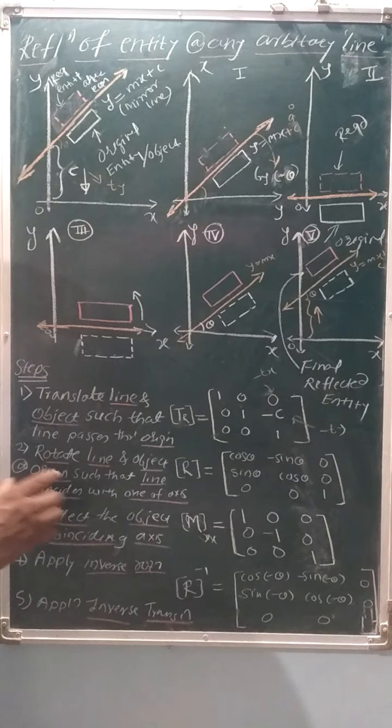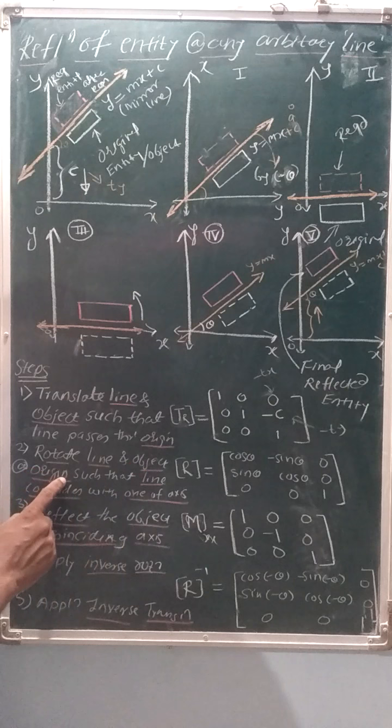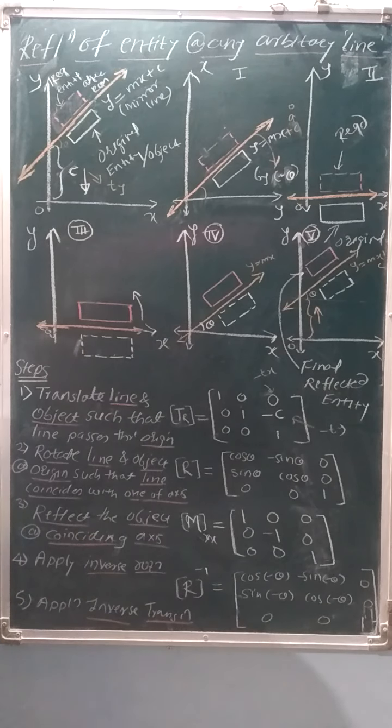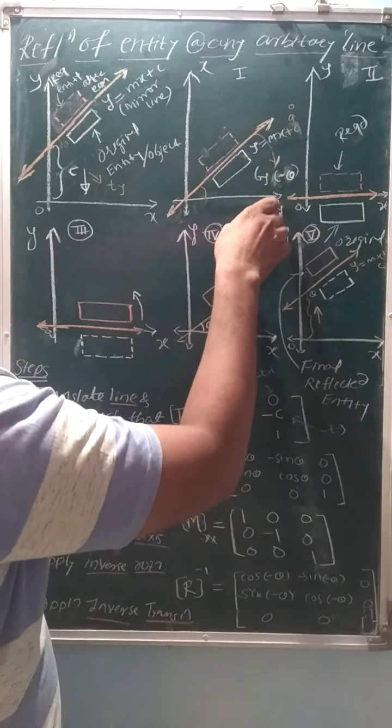Now what is the second step? The second step is to rotate the line and object about the origin such that the line coincides with one of the axes. Here we are rotating this arbitrary line.